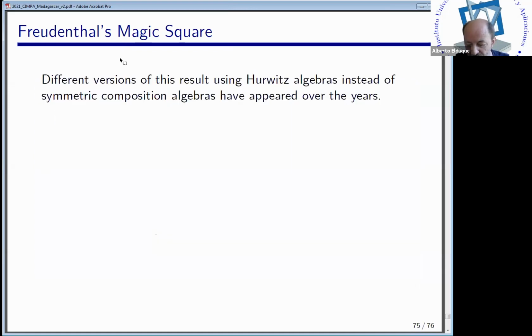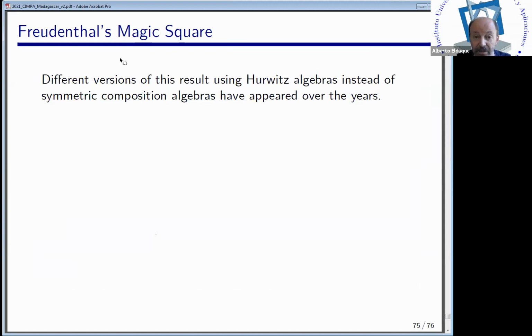Actually, different versions of this square have been constructed over the years. Many of these constructions use Hurwitz algebras. But the formulas for the Lie bracket are simpler if one uses symmetric composition algebras. So this is one interesting thing about using symmetric composition algebras.